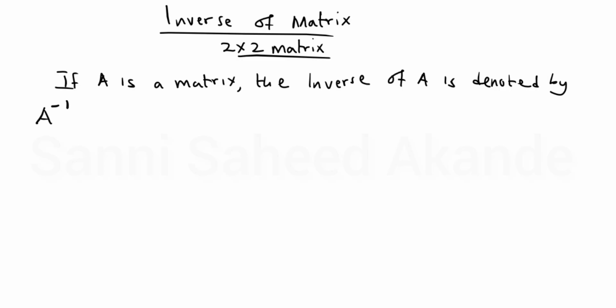All right, so if our inverse matrix is denoted with this, then how do we go about solving inverse matrices? All right, so if A is given as E, F, G, H, then what will be the inverse?